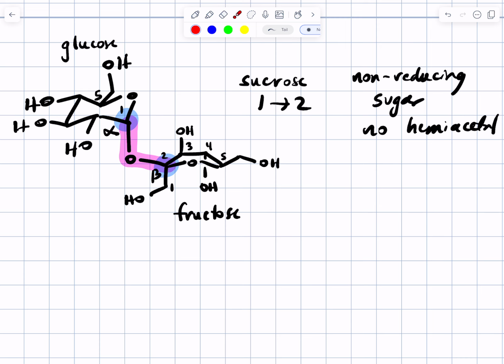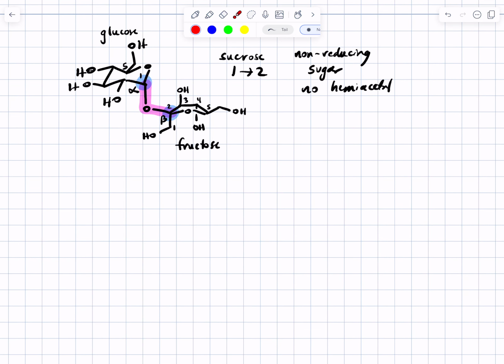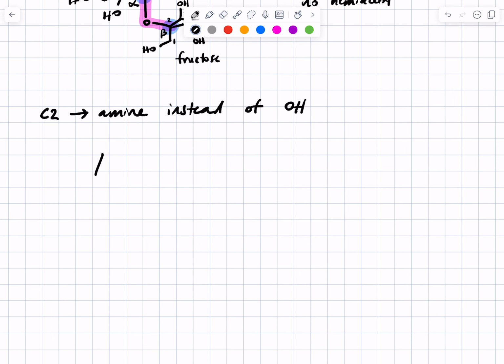Okay, one more thing. There are carbohydrates in which C2 is an amine instead of an OH group. And so you will have heard of some of these. Here is a molecule called glucosamine, in which the C2 group is an amino group.